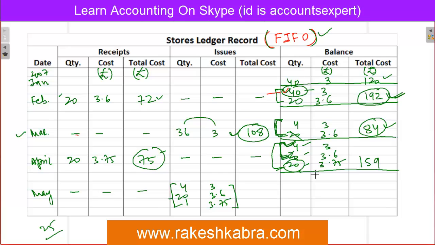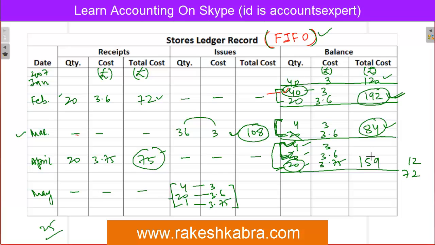Now see what is the value of issue. We have to multiply these values: 4 multiplied by 3, 20 multiplied by 3.6, and 1 multiplied by 3.75. 4 multiplied by 3, the value will come 12. Then 20 multiplied by 3.6, the value will come 72.